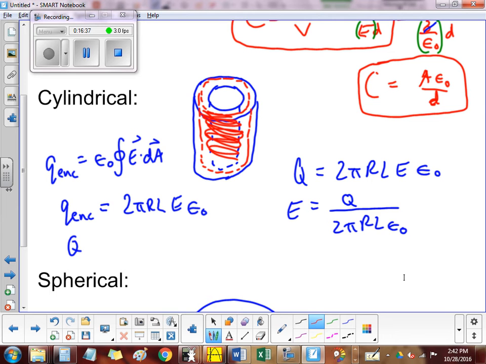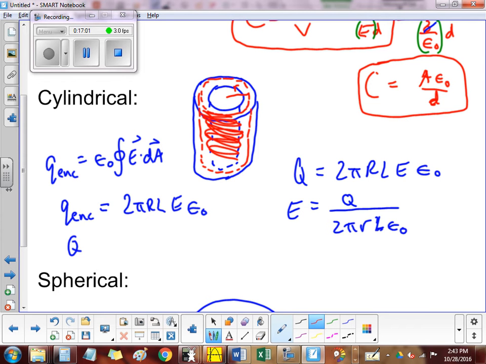So this R is technically a lowercase r. Mr. Shore should have used a lowercase r right here. Okay, I need to fix that real quick. Where's my eraser tool? There it is. This is supposed to be a little r because it's the radius of the Gaussian surface, technically. Okay?